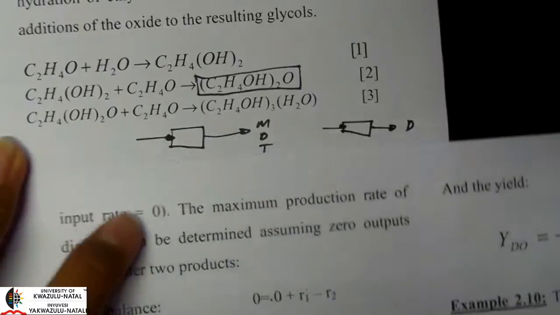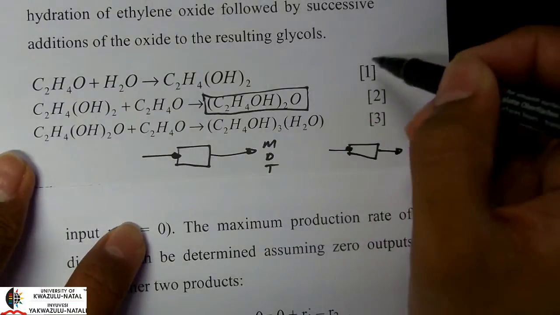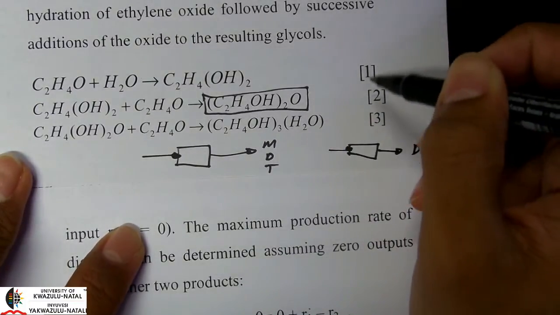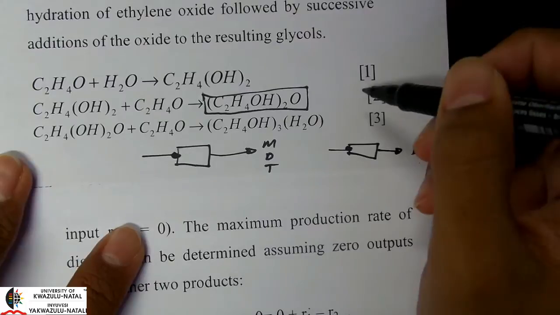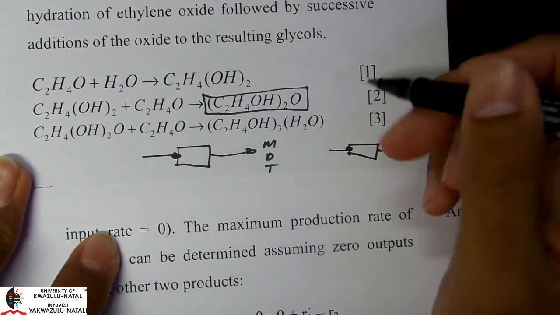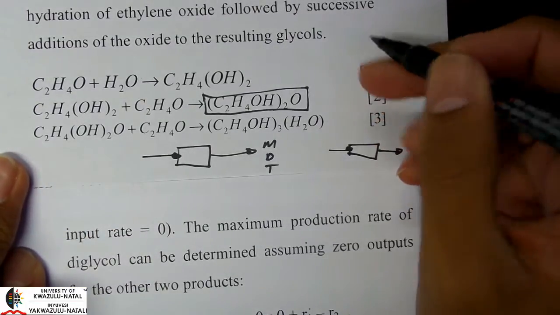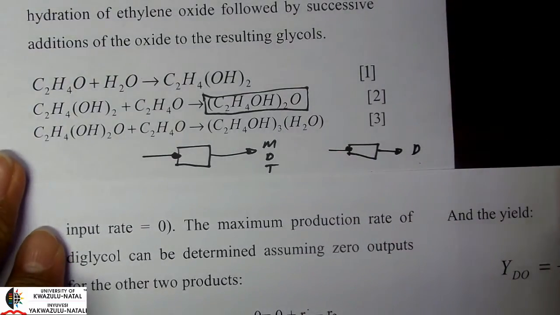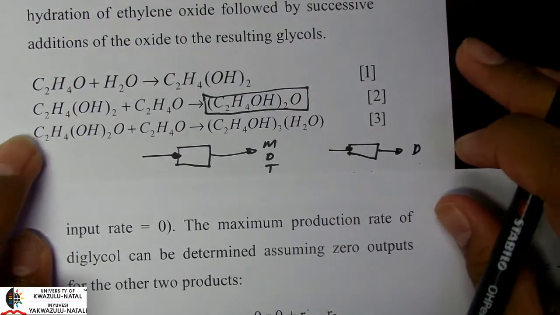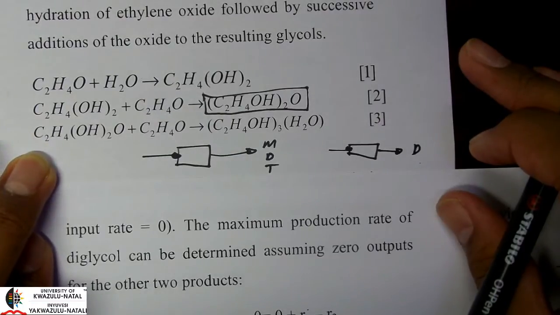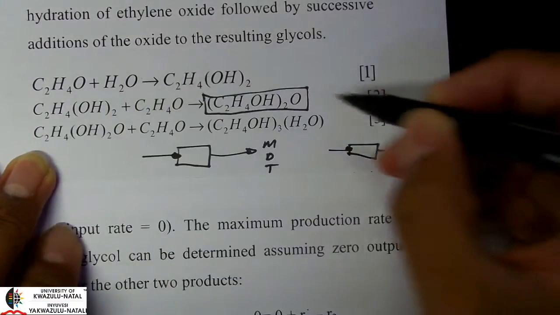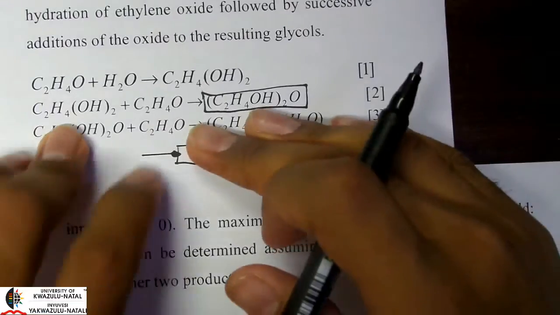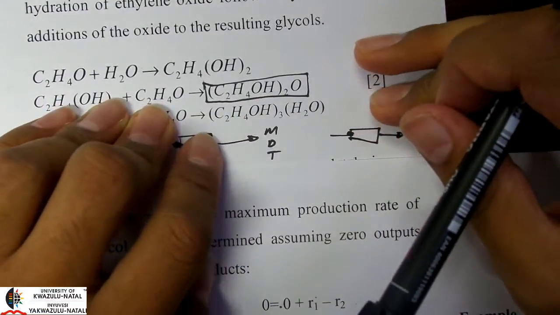Note that we did not ignore these reactions. Okay, and this is the key mistake that students make when they are trying to obtain the yields, when they are trying to obtain the maximum production rate. They tend to think that it's necessary to pretend that these reactions don't exist, reactions 1 and 3.